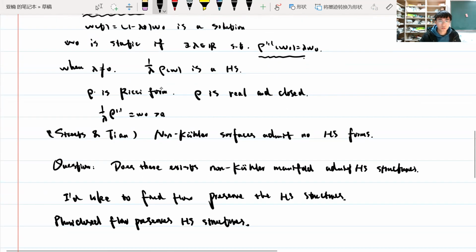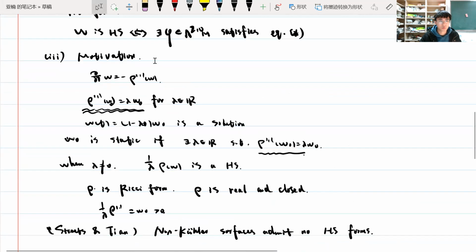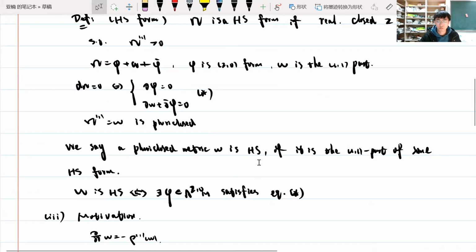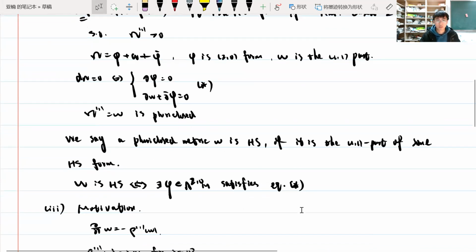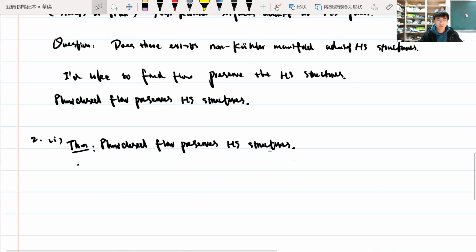Recall that we say a pluriclosed metric is Hermitian symplectic if it is one part of some Hermitian symplectic form. That means it can be extended to a Hermitian symplectic form.